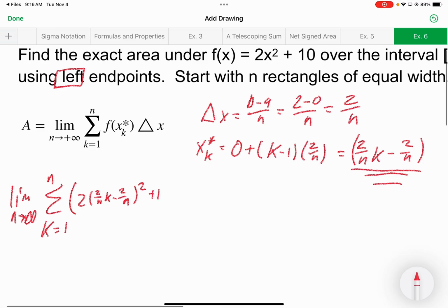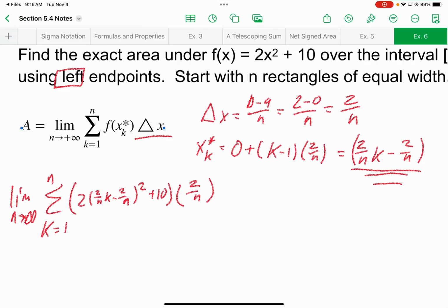And then plus 10. And then do not forget to multiply that by change in x. So 2 over n. Sorry, your file probably doesn't have this formula. I just copied and pasted it from our other slide and put it right there just to remind you guys what that formula was. Okay.